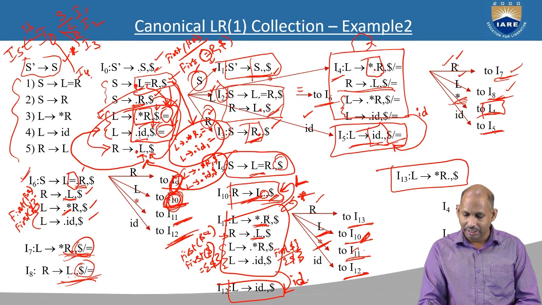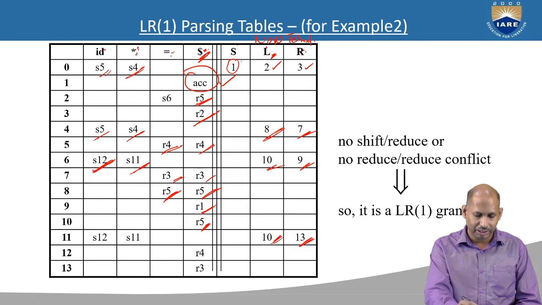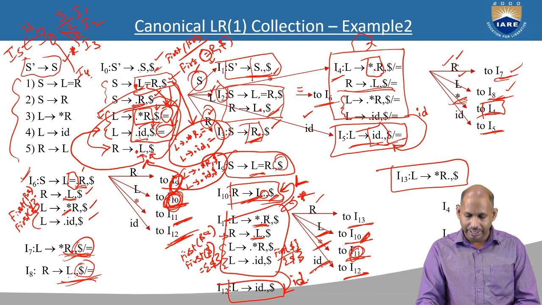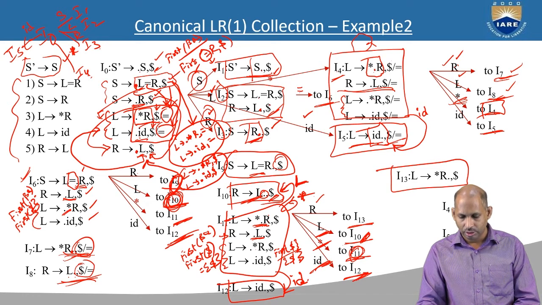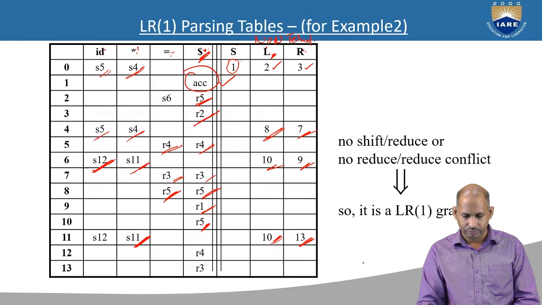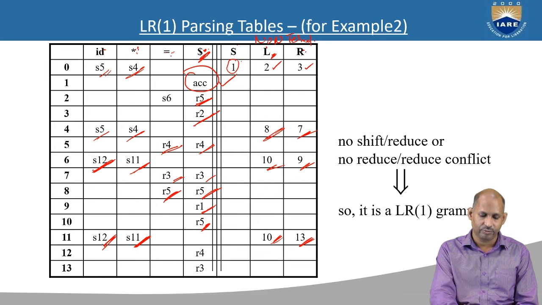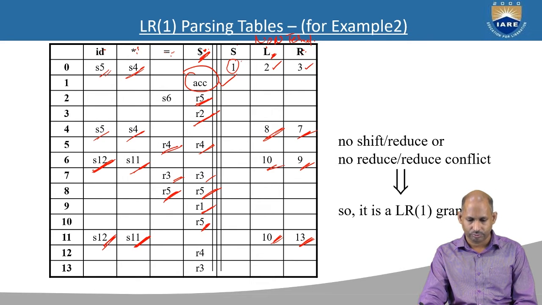On multiplication S11. On ID it is 12. So is it clear? S12.